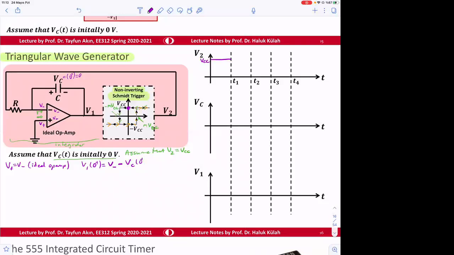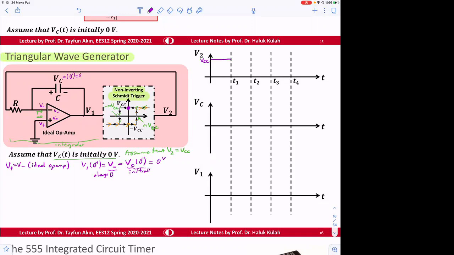VC of 0 plus, okay? So VC of 0 plus is 0. This is always 0, always. So V1 of 0 plus is equal to 0 volts. So initially, V1 is 0.